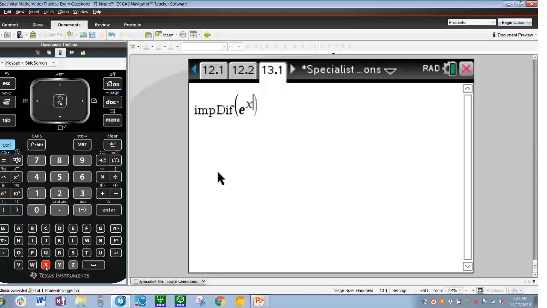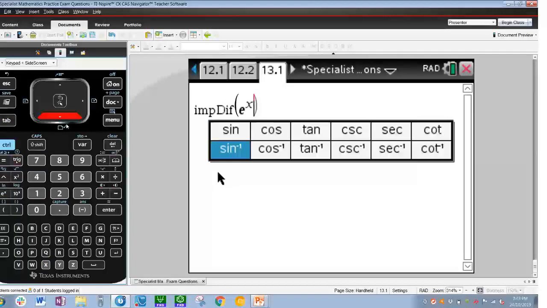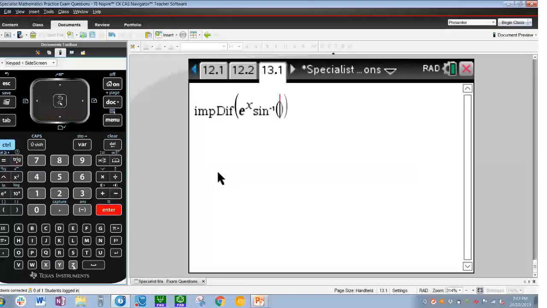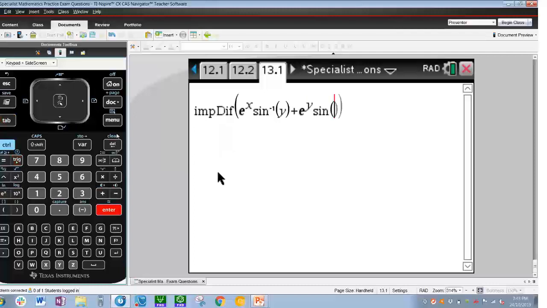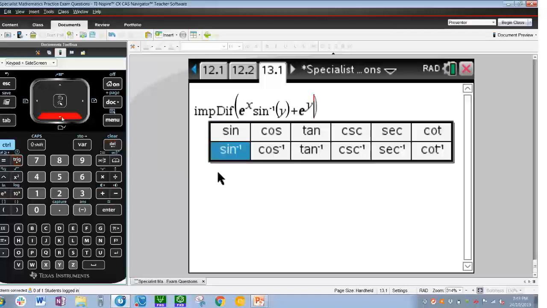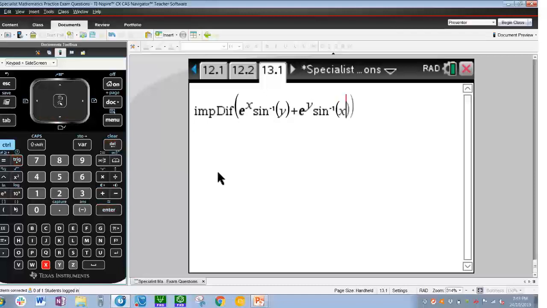E to the power of x, tab out of that, and then trig, let's go down to inverse sine, and then y, close bracket, plus, press E to the power of y, press tab, trig, and then inverse sine, so trig down again, that's better, inverse sine of x is equal to 0. So here's the notation for it, comma x, comma y.